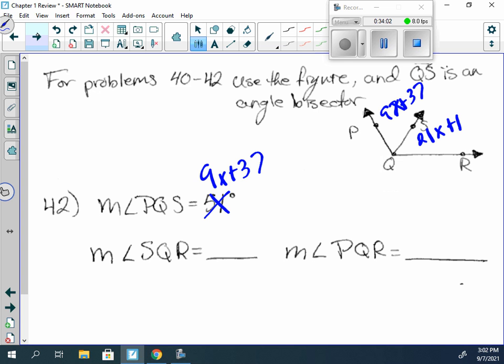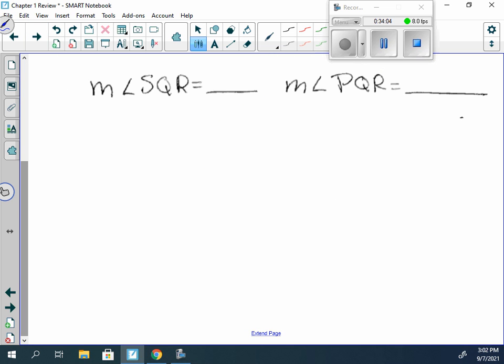They're equal to each other, yes? So what we could say is that 9x plus 37 is going to equal 21x plus 1. The two angles are the same. So we can set them equal to each other, then solve for the value of x.